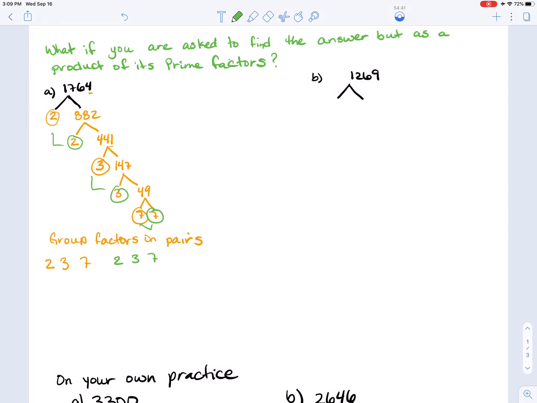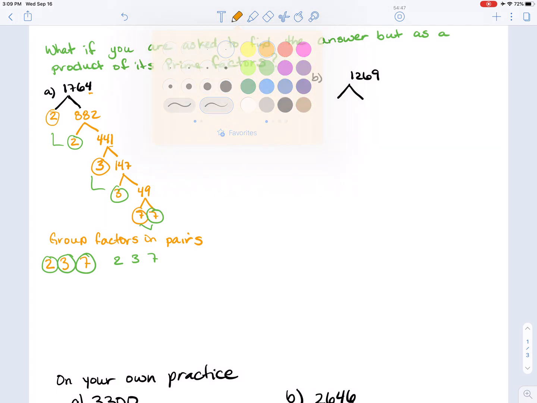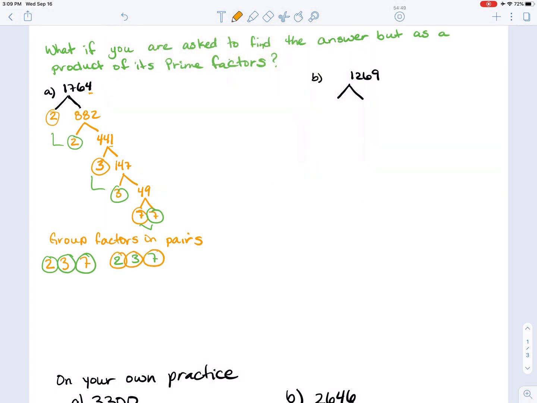And the reason I'm doing that is because if I separate them out this way and multiply them together, I find that 3 times 7 is 21, and 21 times 2 is 42, or 6 times 7 is 42.